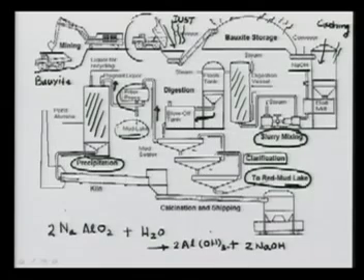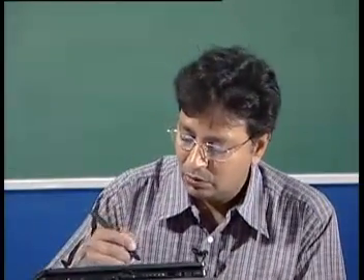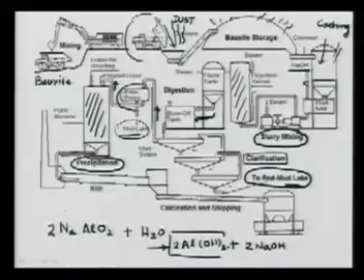So what we are really doing is we are trying to precipitate this out. We started with sodium aluminate and we precipitate the aluminum hydroxide, and aluminum hydroxide forms very gelatinous flocs that we can make settle. So what we are doing here is making the aluminum hydroxide settle.